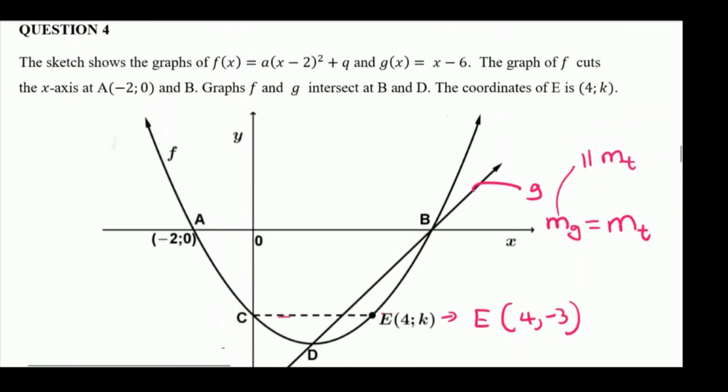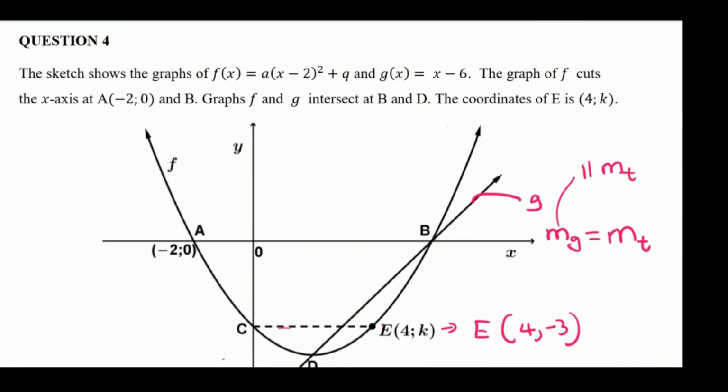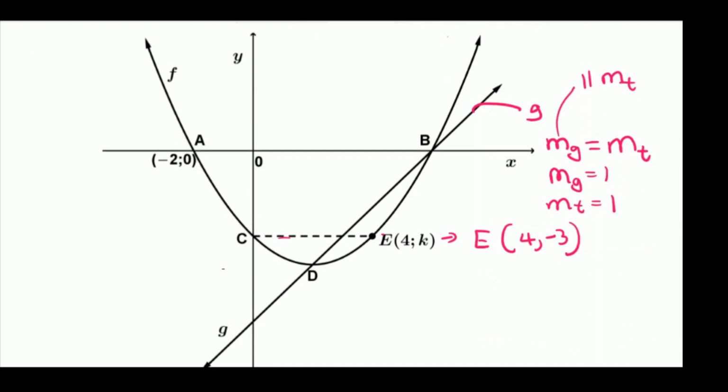So let's have a look at the gradient of G. There it is here, it's equal to 1. So m of G is equal to 1. That means m of the tangent is equal to 1. Now that we know the gradient of the tangent, we know the equation is y = mx + c, where the gradient is 1. So y = x + c.